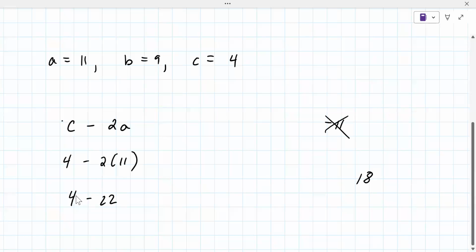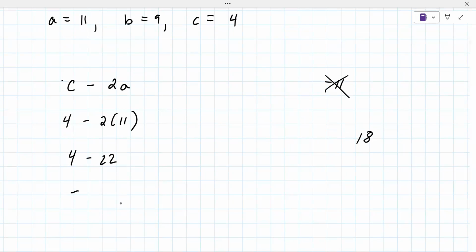Really larger means further from 0. Is 4 further from 0 or negative 22 further from 0? 22 is further from 0. So the answer must be negative. Then you take the larger number and subtract the smaller number, which is 18, but the answer is negative 18.